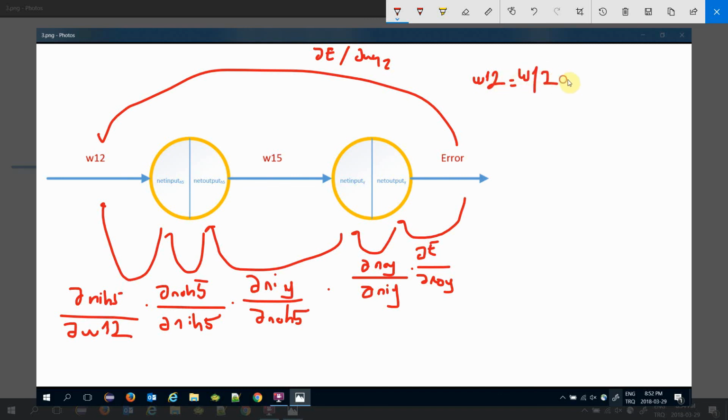W12 is equal to W12 minus alpha times, you can say 0.1 for alpha, and the derivative of total error with respect to W12, and all of these multiplications would be the derivative of total error with respect to W12.